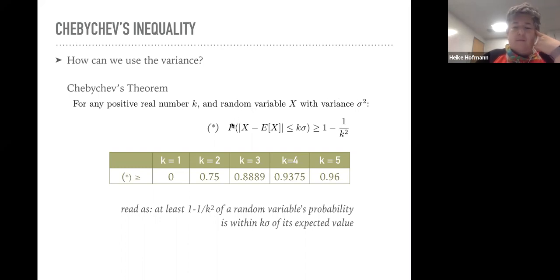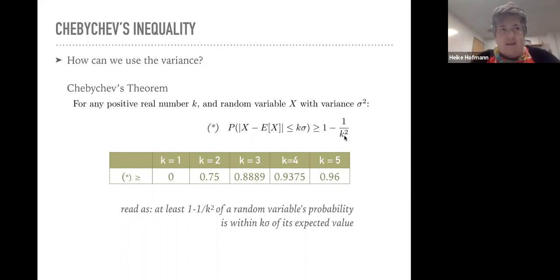What this theorem says is that the probability that x is less than k sigma away from its expected value, so absolute distance, so we can go both positive and negative away from the expected value, is greater than or equal to 1 minus 1 over k squared.